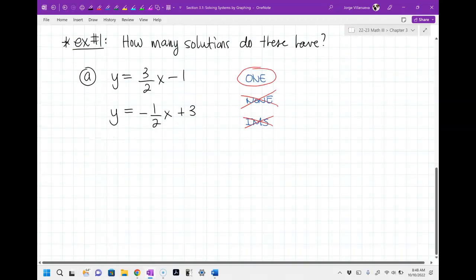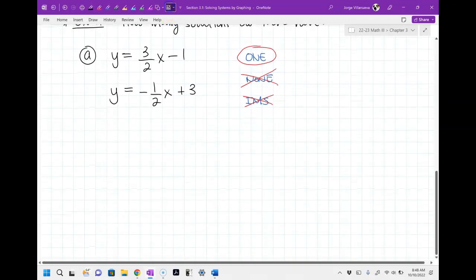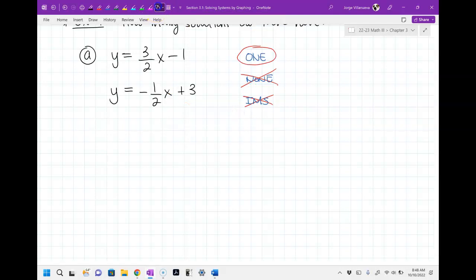Now, you guys don't have to do this if you don't want to. I kind of want to go a little fast through this part because, again, you can use Desmos, so you don't need to draw this at all. But let me just show you a really quick look at what these equations look like. The first one, 3 halves x minus 1, starts at negative 1, 3 up, 2 over, right here.